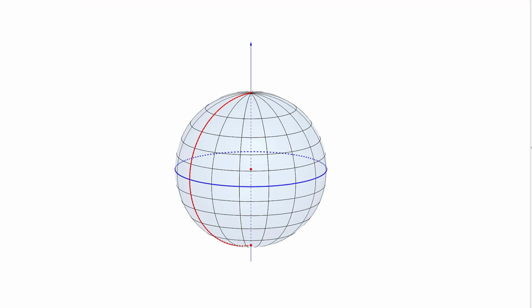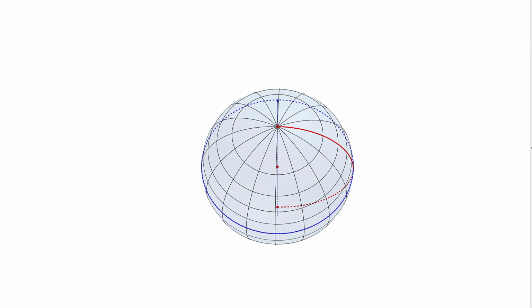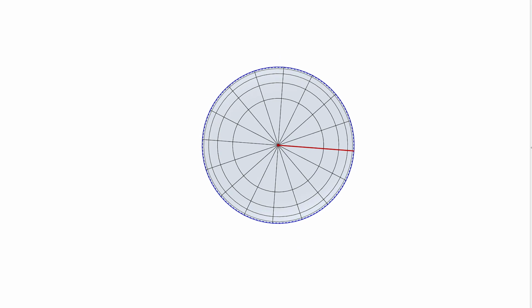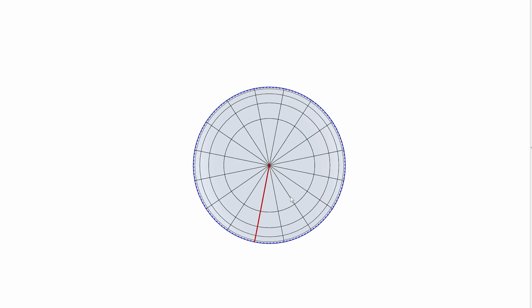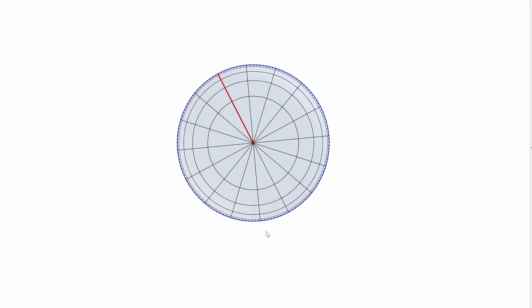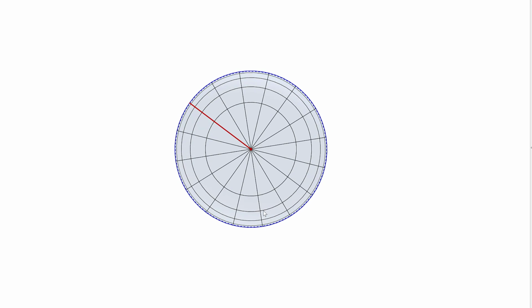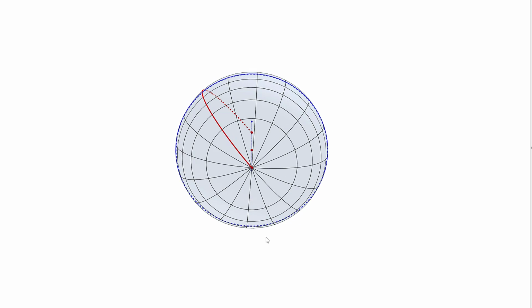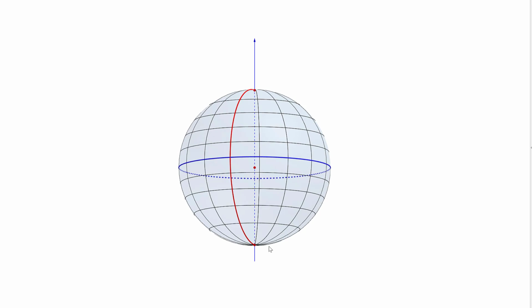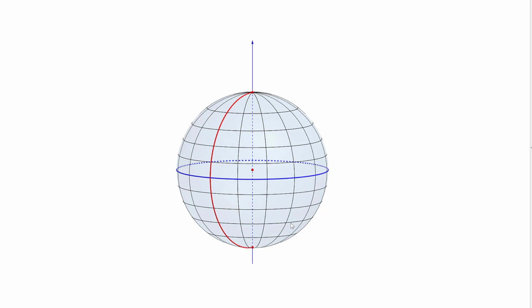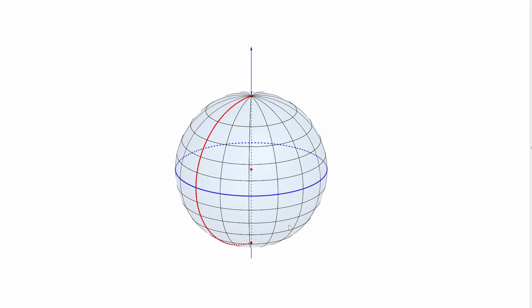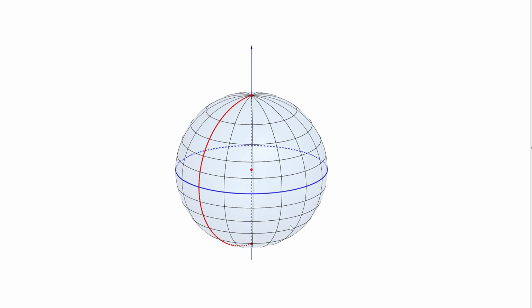Okay, so here's a stylized version of the globe. If we imagine that the red line is our prime meridian, so it's a semicircular arc from north to south, and that's where we're measuring our longitudes from.